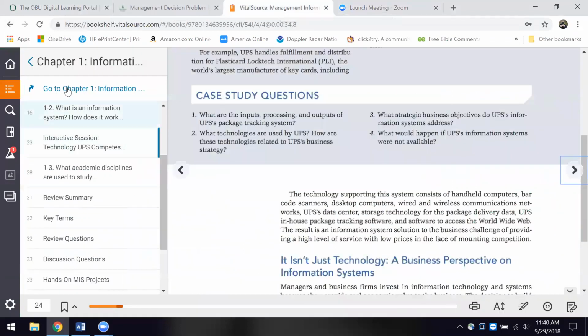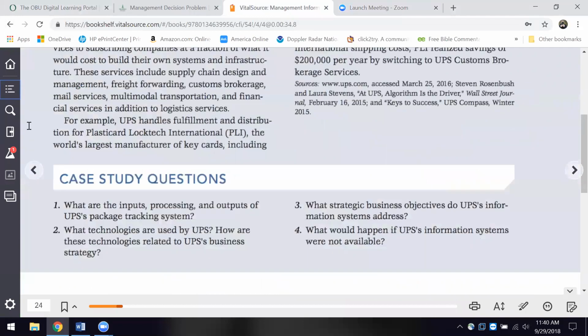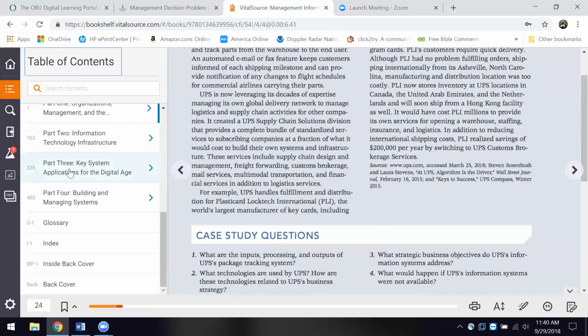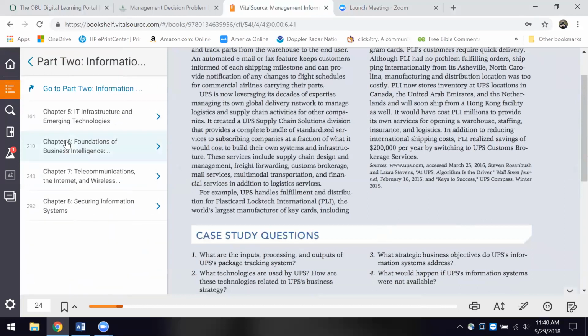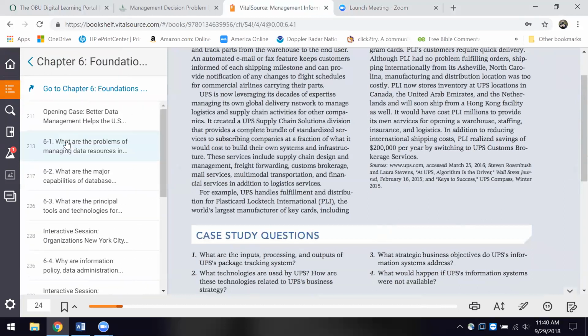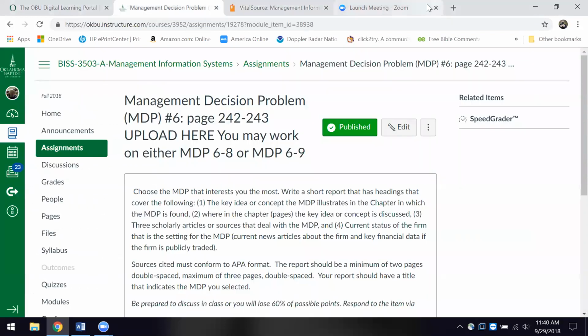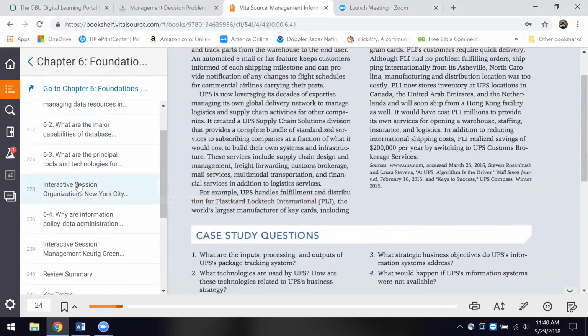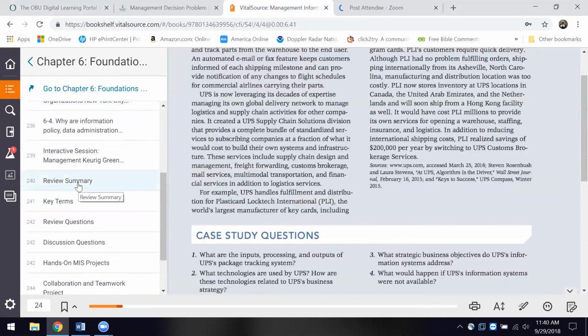So I'm going to go back here for a moment. Let's just do this. My fault, my problem. And we'll go down here to chapter 6, which is in part 2, the foundations. And the case is on pages 242 to 243. Yeah, how strange that was. All right.